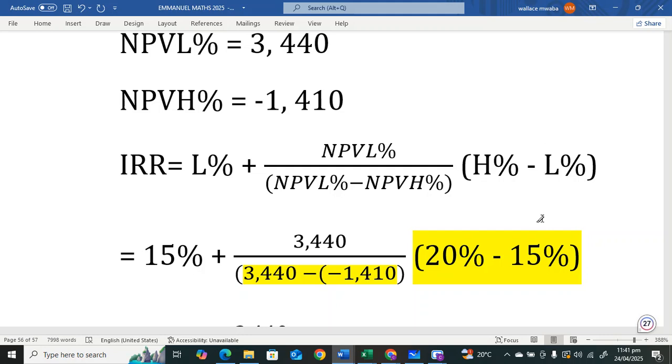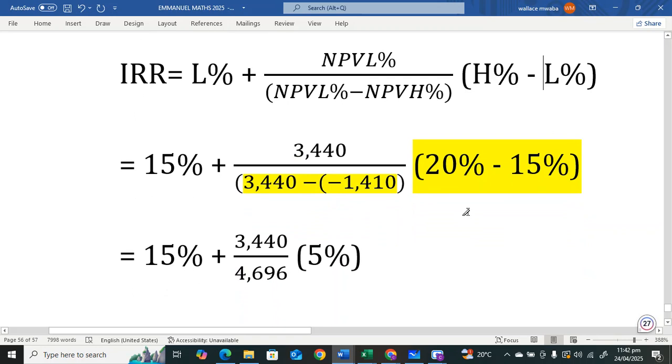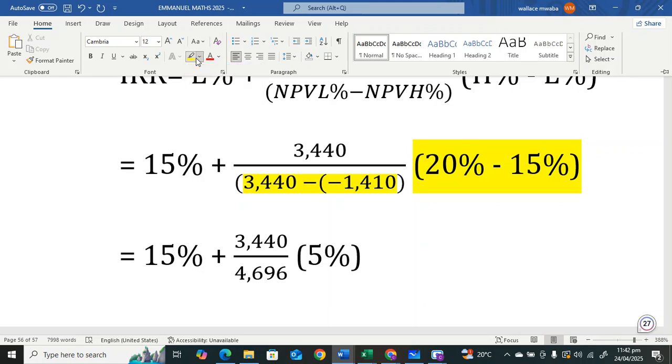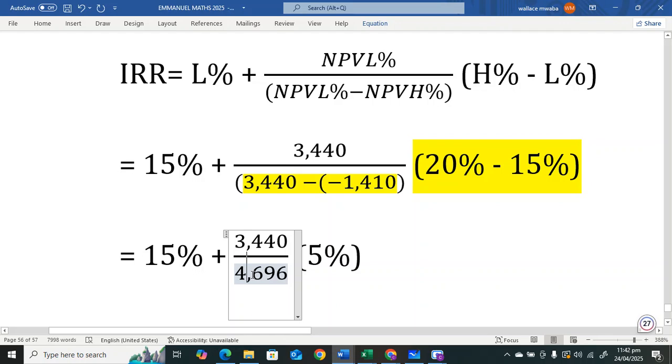And then also here at the bottom, when you do the subtraction, 3,440 minus negative 1,410, we get 4,850.